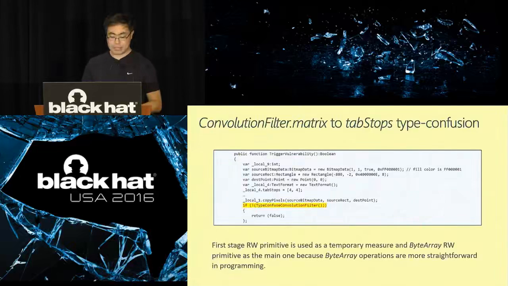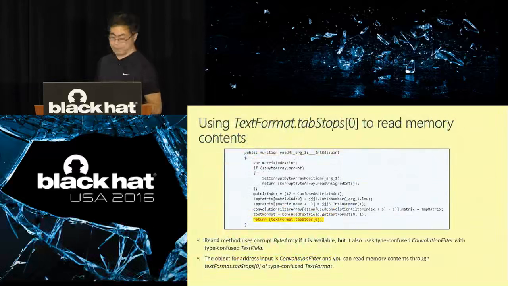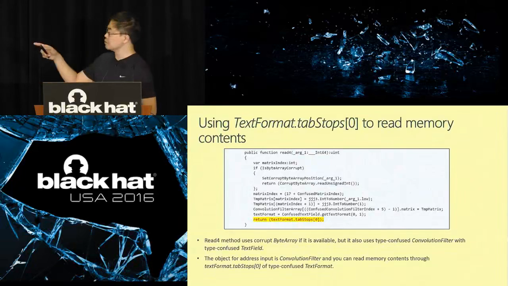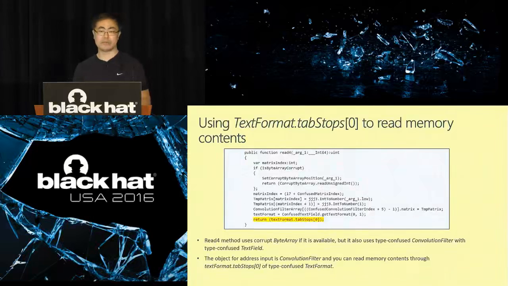The confusion process is very complicated and not easy to understand here, but when you pass some address to the convolution filter object, you can read out the actual memory from the text format tabstops element 0, from the yellow background line. It looks like the convolution filter matrix overrides some address field in the internal structure, which makes reading any process memory possible.